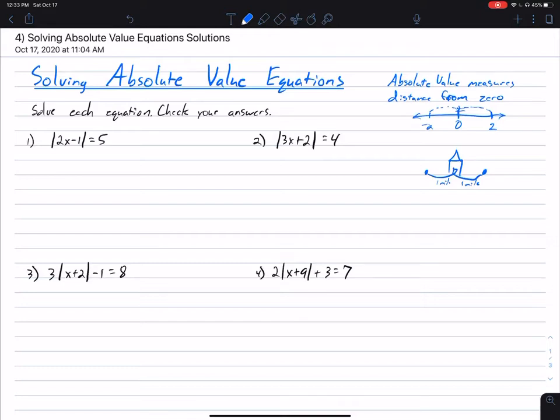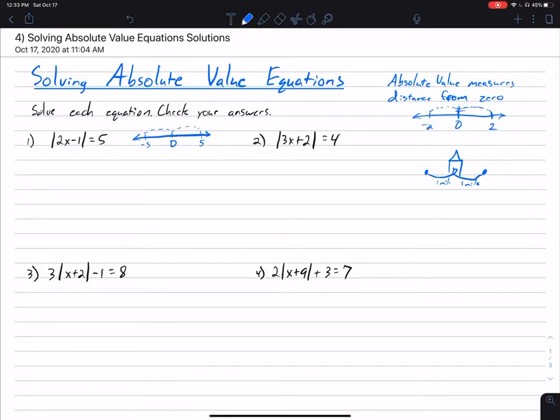Now, why does that help us? Because in number 1, when they're asking you to find the absolute value of 2x minus 1 is equal to 5, we need to look at this as two different possibilities. If you had a number line, what distances are 5 units away from 0? Both -5 and 5 are the same distance.